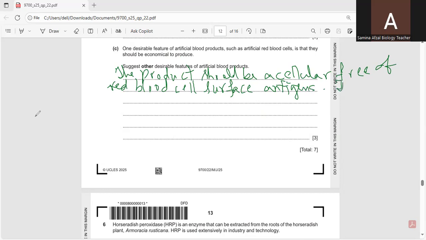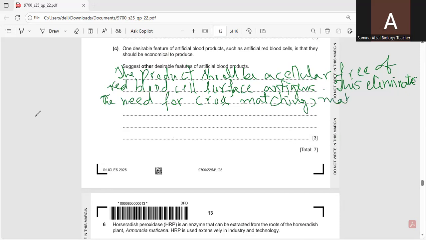This eliminates the need for cross matching, making it a universal donor.